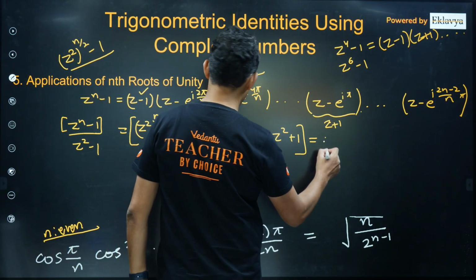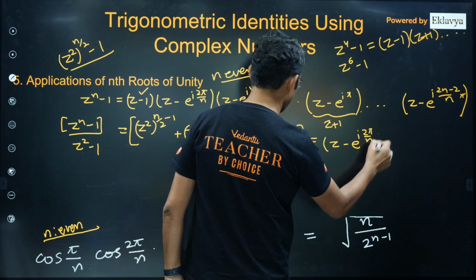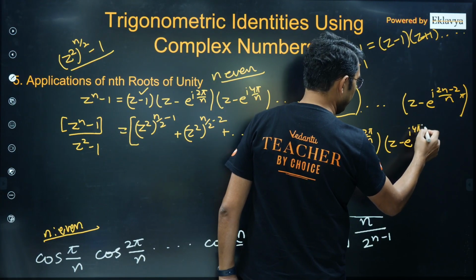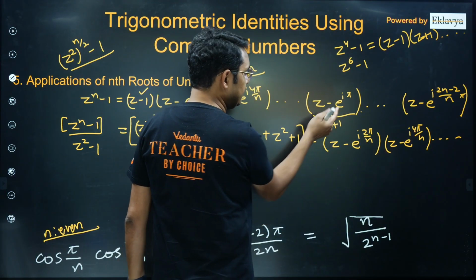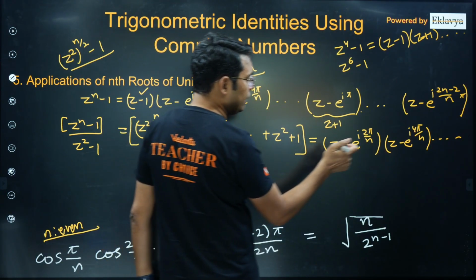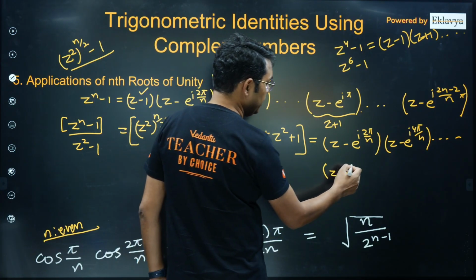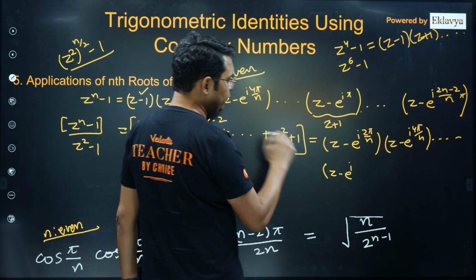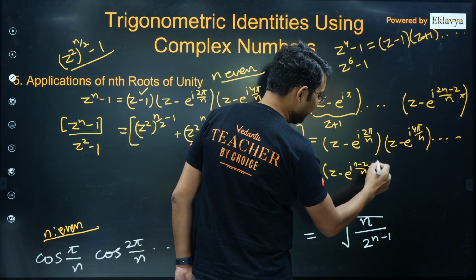So let me write the brackets: z minus e power iota 2 pi by n, z minus e power iota 4 pi by n, and so on. The term just before that would have been, I will write that also, z minus e power iota n upon n, so the term before it would have been n minus 2 upon n pi.